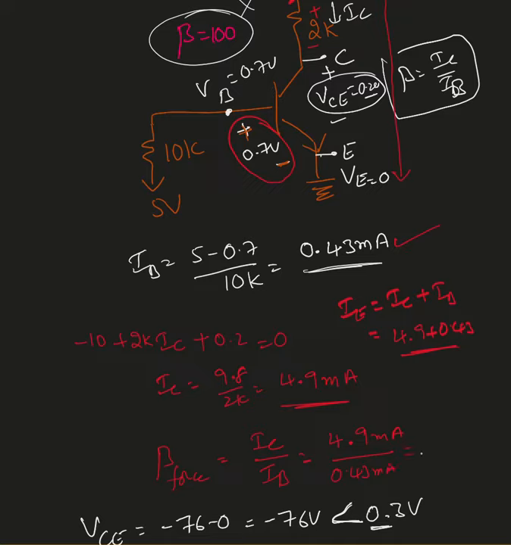So the beta forced is approximately 11.4. Beta doesn't have any unit because both of them are currents. Okay, that's about the transistor when it is acting in saturation mode. I'll stop it here. In the next video, we'll solve an example with a PNP transistor.